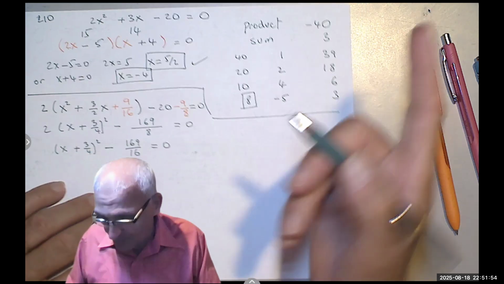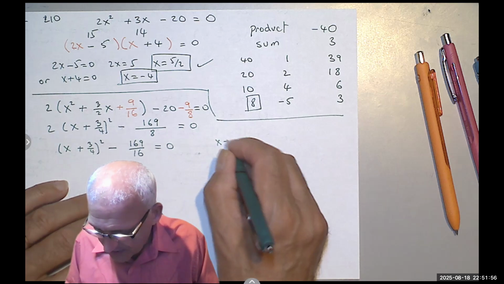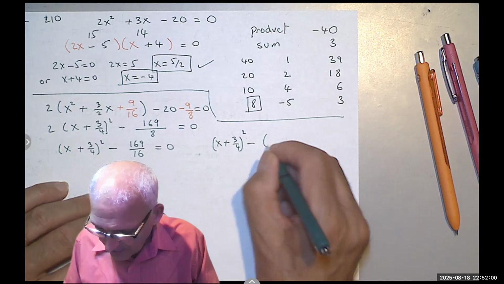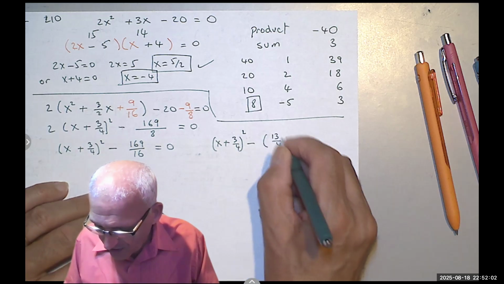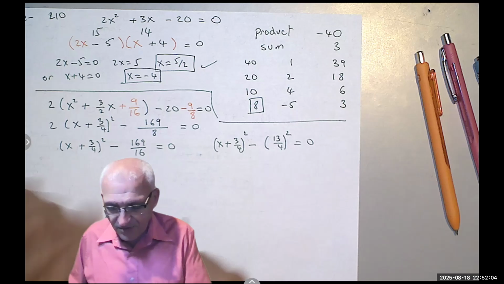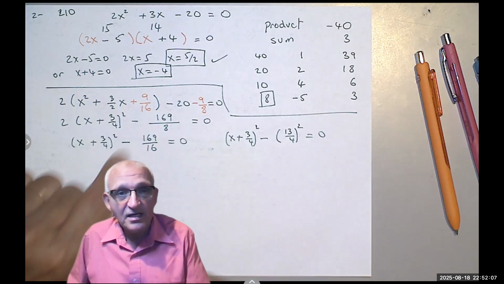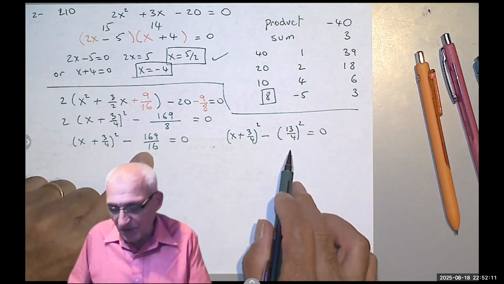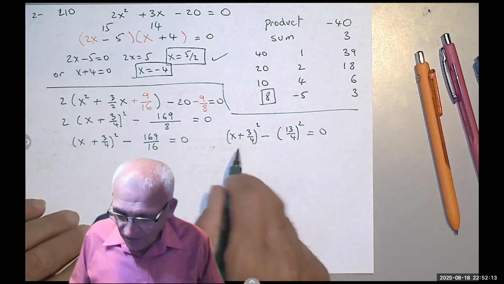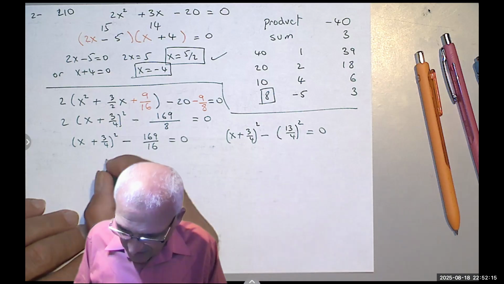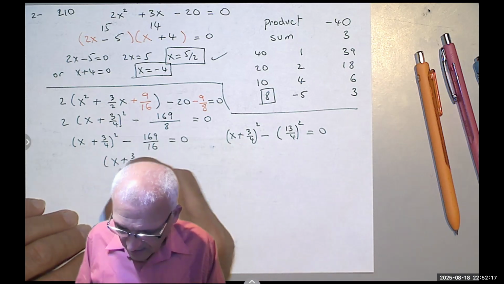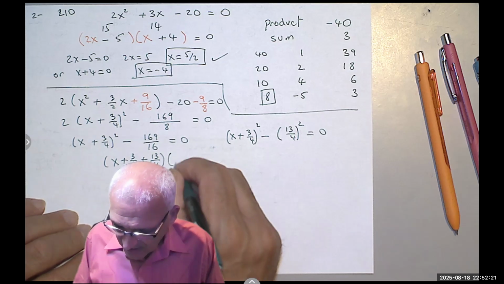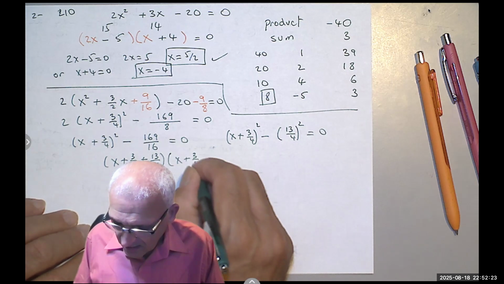Like we did in the first problem, that becomes x plus 3/4 squared minus 13 over 4 squared equals 0. 13 squared is 169. 4 squared is 16. Okay. So now a squared minus b squared is a plus b times a minus b.